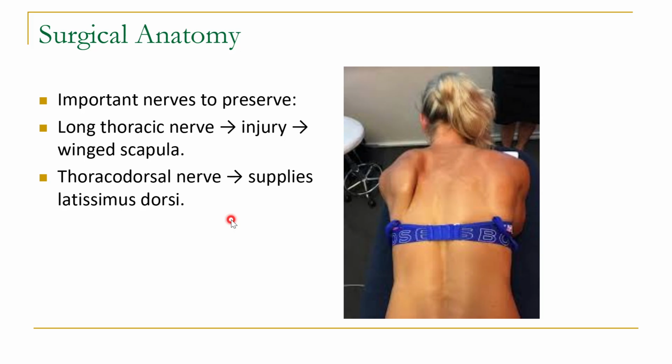Now, when they do a mastectomy, there are two nerves which are likely to be damaged. One is the long thoracic nerve and the second one is the thoracodorsal nerve. If there's an injury to the long thoracic nerve during the surgery, this will result in winging of the scapula. And if the thoracodorsal nerve is injured, this results in weakness of the latissimus dorsi.